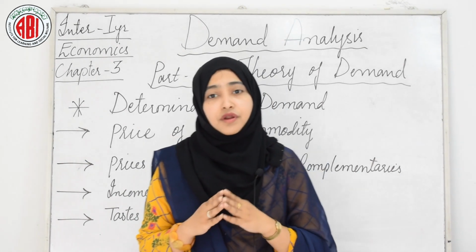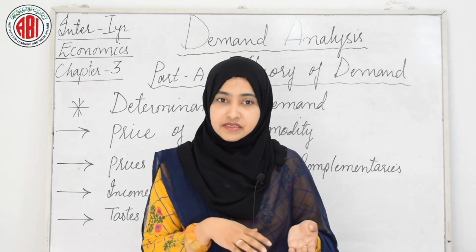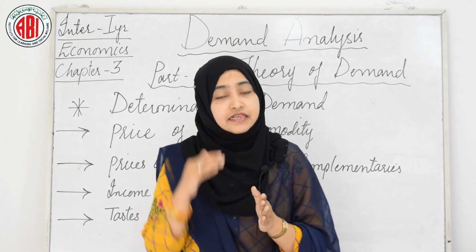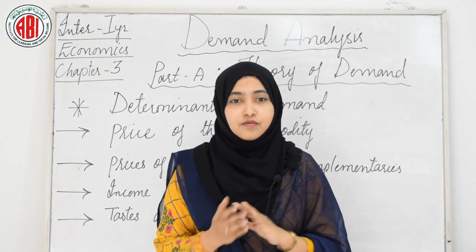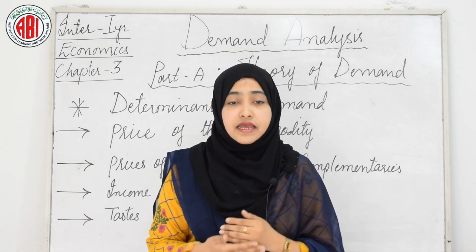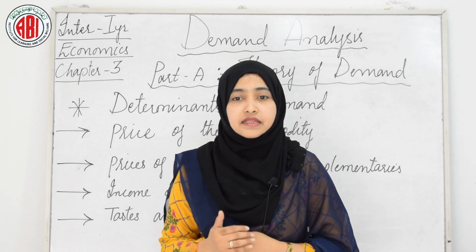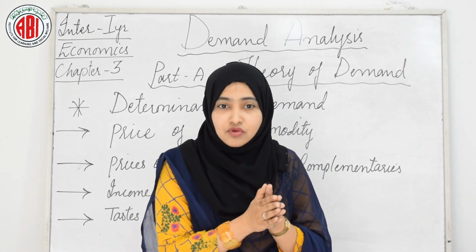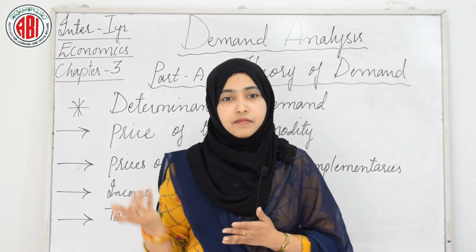The demand for a commodity is inversely related to its price. Exactly, if the price of a commodity decreases, its demand will increase, and it is vice versa. Then the prices of substitutes and complementaries. Here the demand is also influenced by the changes in the prices of related goods, that is either substitutes or complementaries.